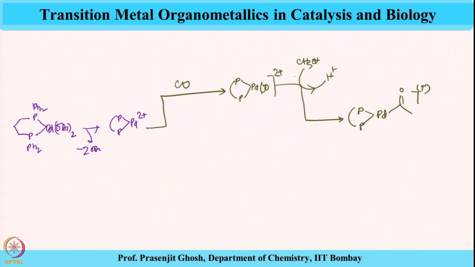And then once this is formed, this can subsequently undergo various coordination insertions of ethylene and CO to give a polymer Pd, with the polymer end group being a ketone.